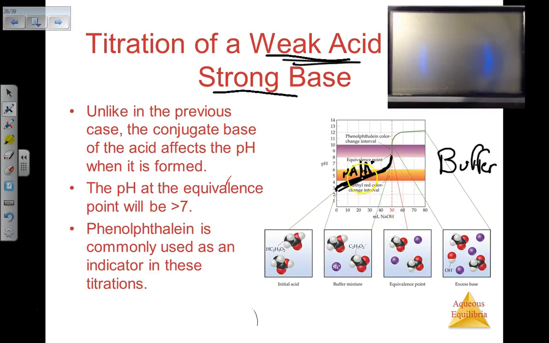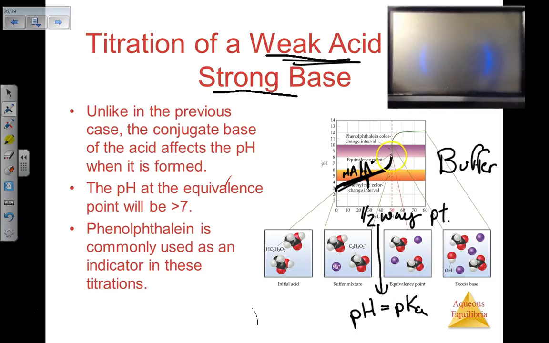Okay, and within the buffer region, there's also something called the halfway point. Okay, the halfway point is where the pH equals the pKa, and that's an important point too.